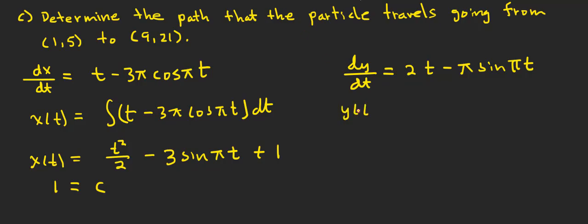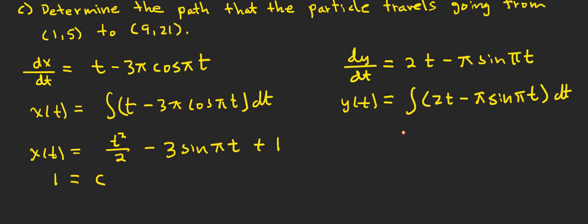Now we've got to find the antiderivative of the y component. So y of t is equal to the integral of quantity 2t minus pi sine of pi t, and don't forget dt. When you find the antiderivative of this, you'll get t squared plus cosine of pi t plus c. The antiderivative of 2t is t squared.